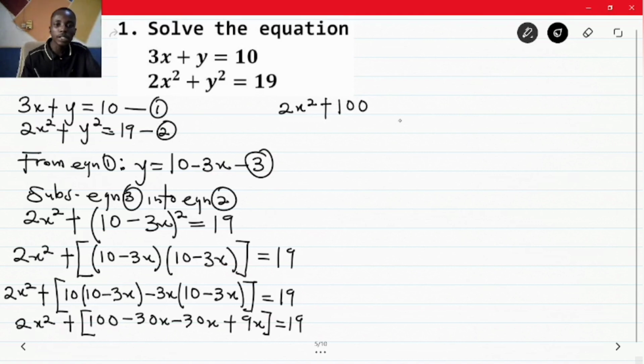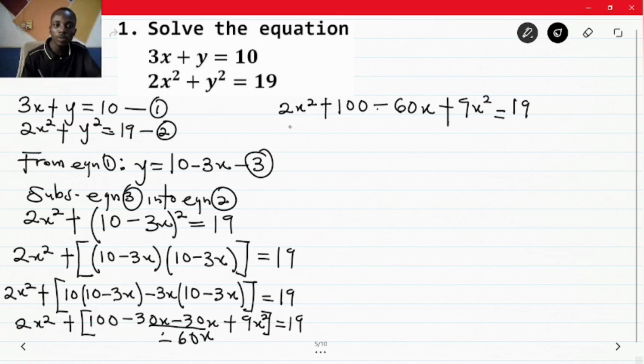These 2 will give me minus 60x, so I'm going to write minus 60x plus 9x squared. I made a mistake here: 3x times 3x will give me 9x squared. So I put that here now, equals 19.